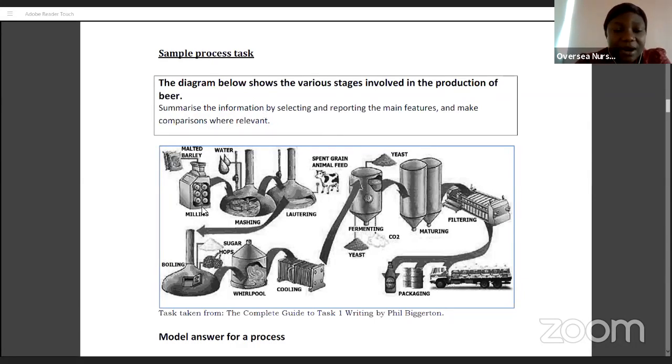Now I'm going to summarize. Overall, how do we get our overall statement? Let's count. How many stages do we have here? 1, 2, 3, 4, 5, 6, 7, 8, 9, 10, 11 stages.